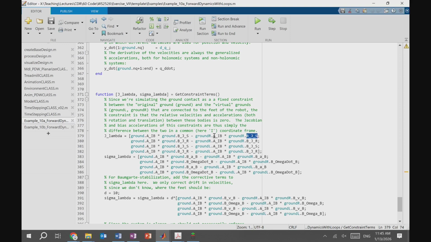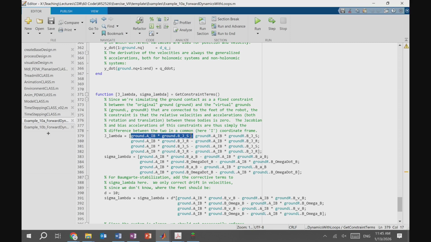And you see here the difference, right? Translational Jacobian on ground R, so my little ground element on the right foot, minus translational Jacobian on the large ground, the actual ground.